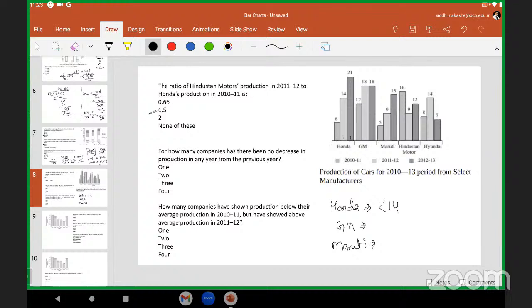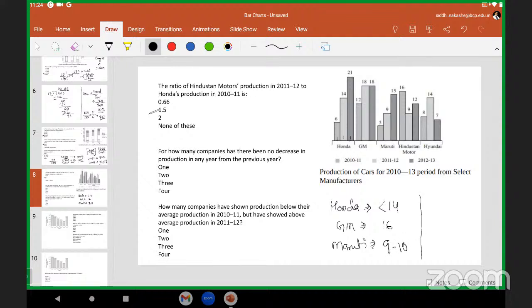For GM, that is General Motors, 18 plus 18, 36. 36 plus again 12, that is 48. 48 divided by 3, that is 16. For Maruti, 15 plus 9, 24. 24 plus 5, 29. If we divide that number by 3, the number should be somewhere between 9 to 10.